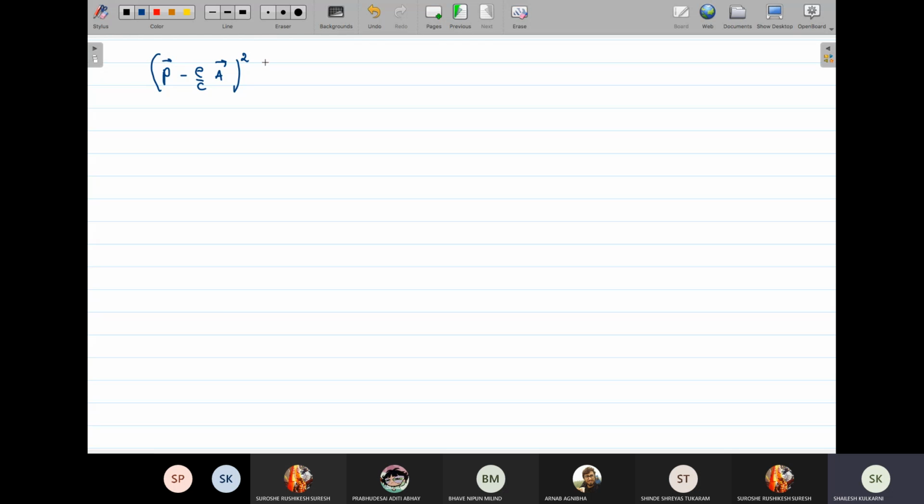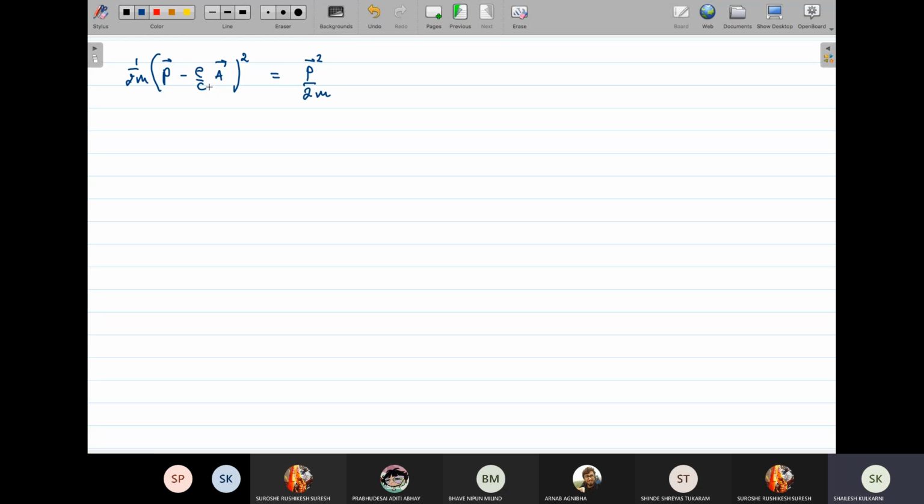P minus e by c A, its square will be equal to P square, so 1 over 2m is there. So the first term will be P square divided by 2m.